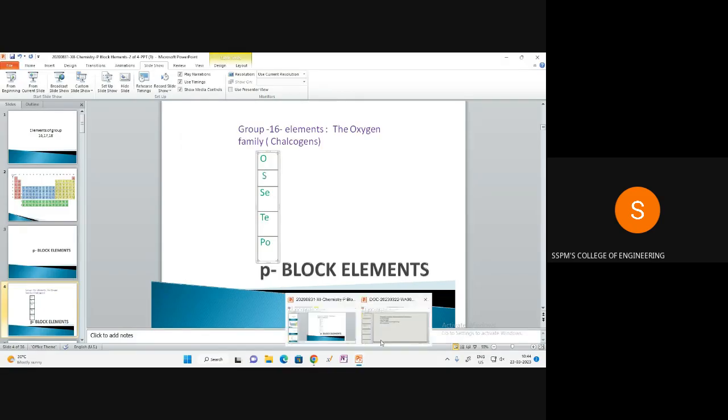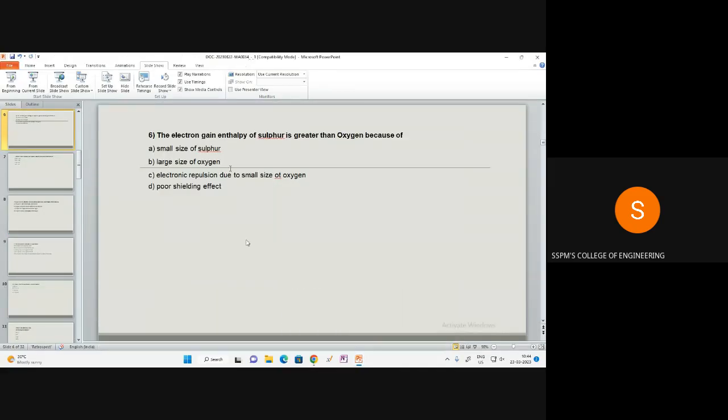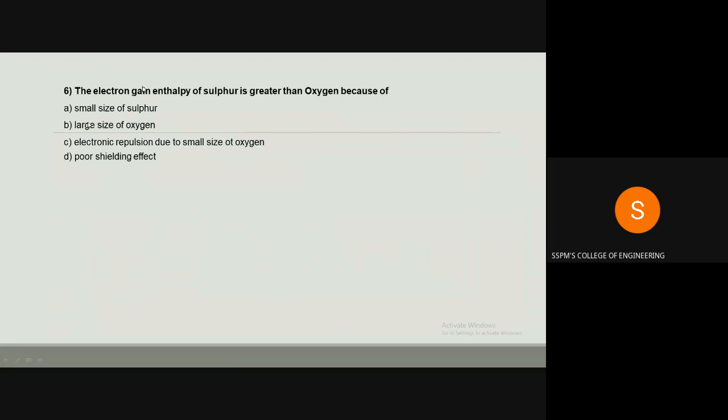The next option is larger size of oxygen, then electron repulsion due to the smaller size of oxygen, and poor shielding effect. So, electron gain enthalpy is the property; the change in enthalpy when an electron is gained is called electron gain enthalpy.